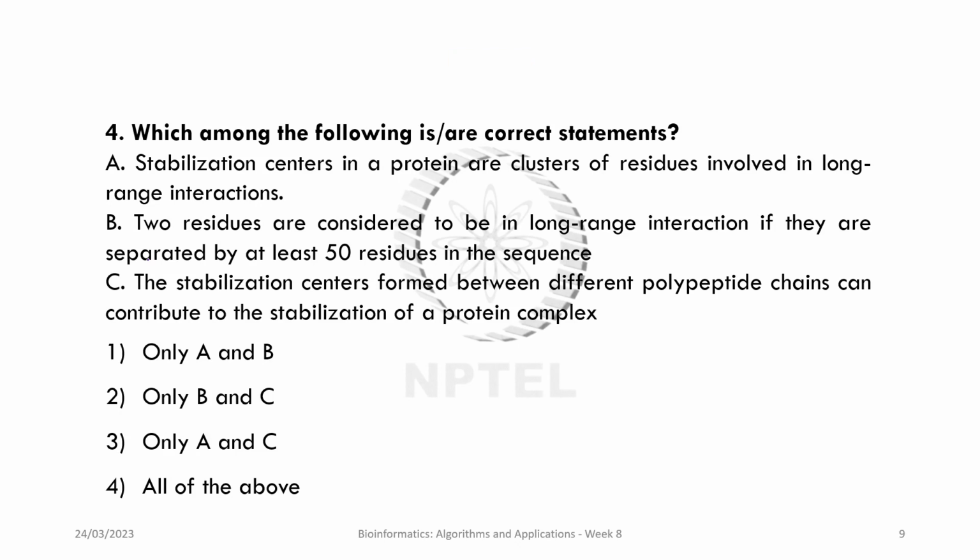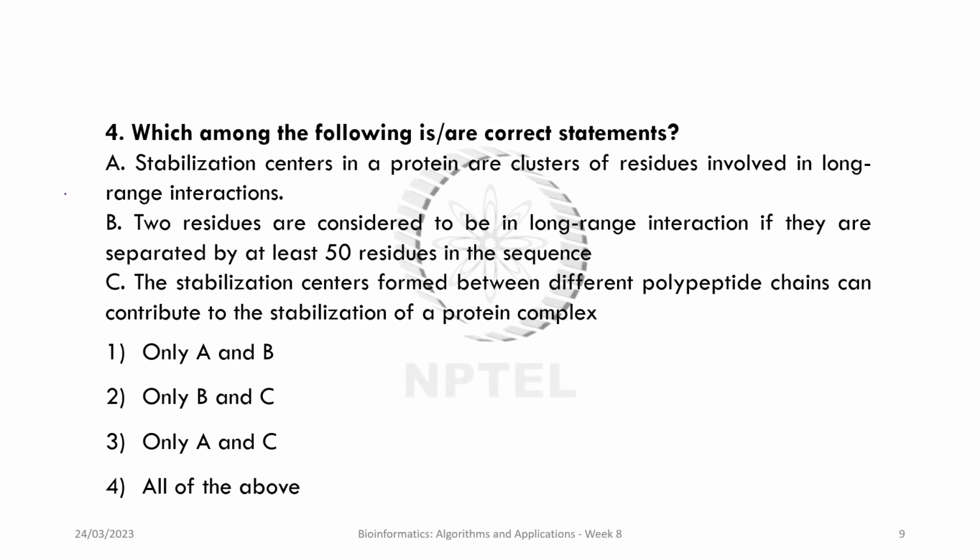Question 4. Which among the following is or are correct statements? Option A. Stabilization centers in a protein are clusters of residues involved in long range interactions. Statement B. Two residues are considered to be in long range interaction if they are separated by at least 50 residues in the sequence.